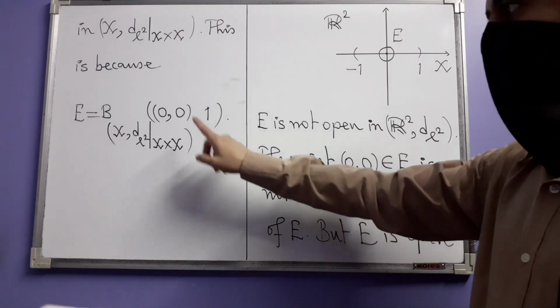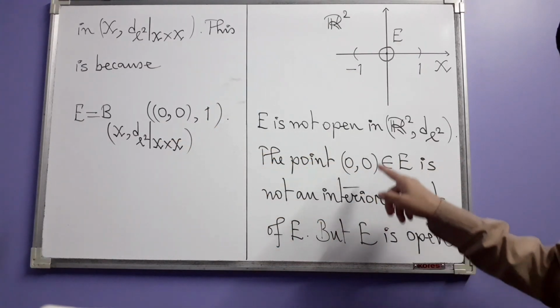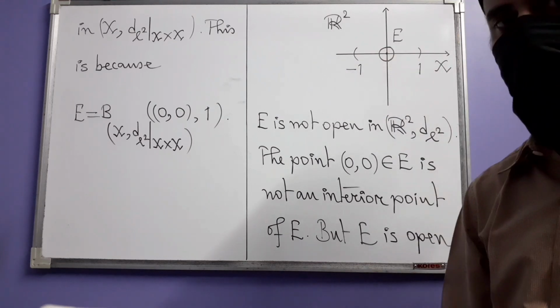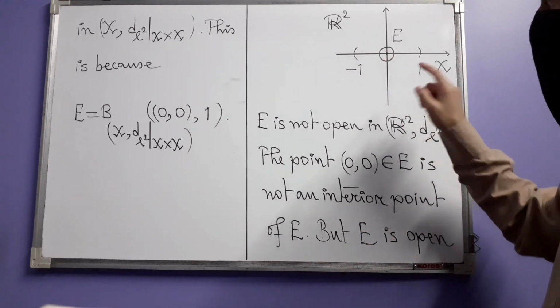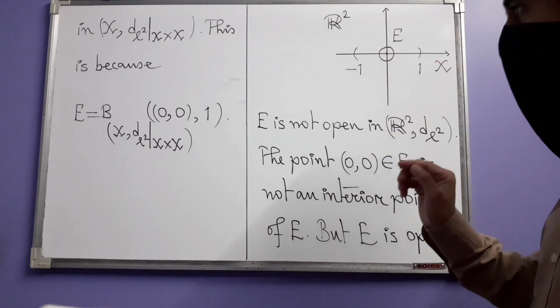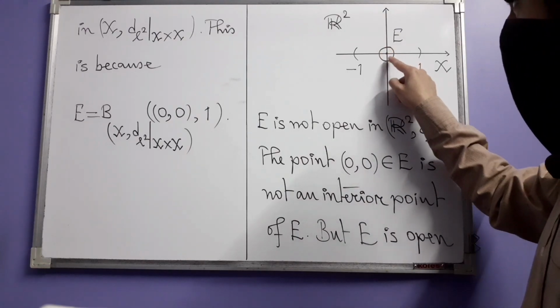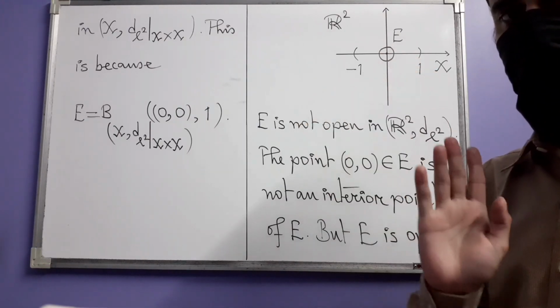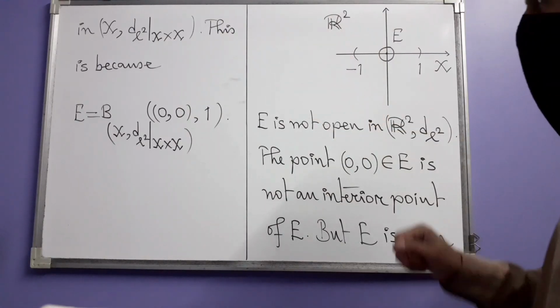So that's how E, in spite of not being open in the larger space, is open in this smaller space. Do you see how we no longer have these problematic points which were present in the previous ball in the larger space?